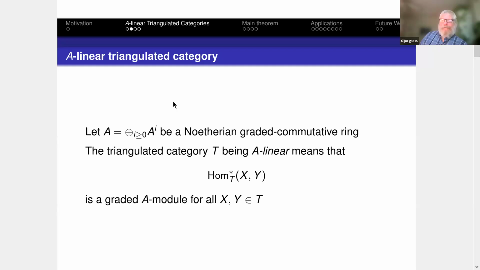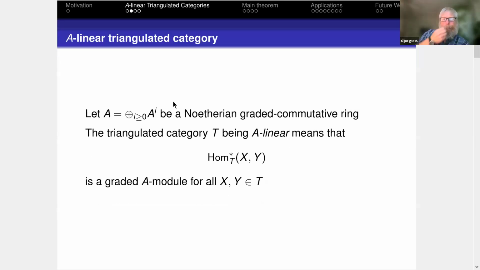Basically, in sum, that means that the direct sum of all the Homs, the Hom star of X and Y, is actually a graded A-module for all objects X and Y in the category. So what does that actually mean? Maybe I'll be a little more specific.